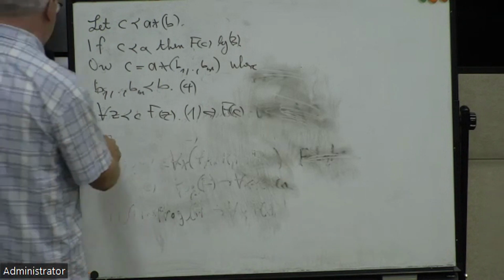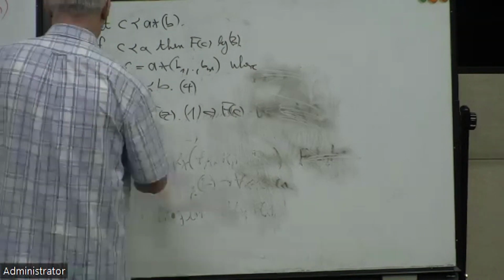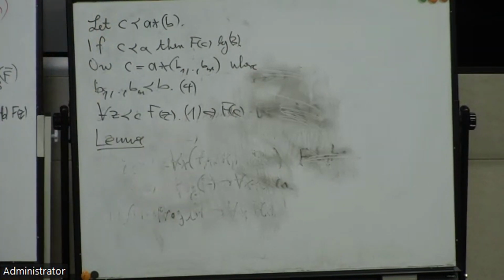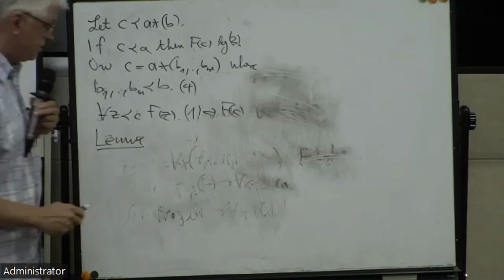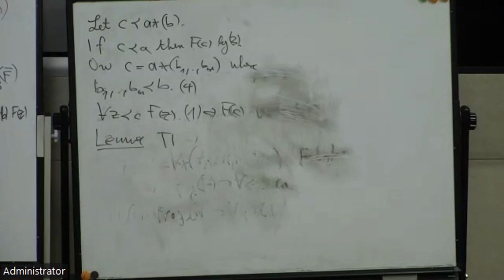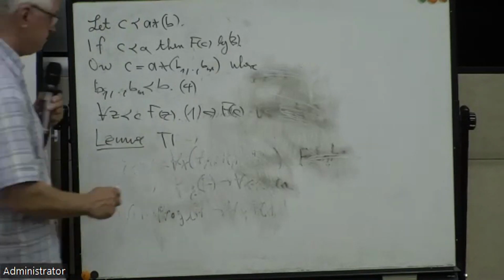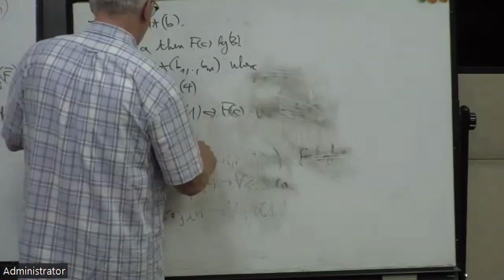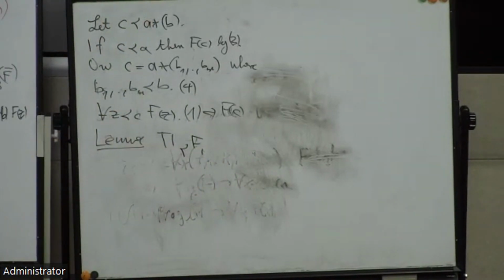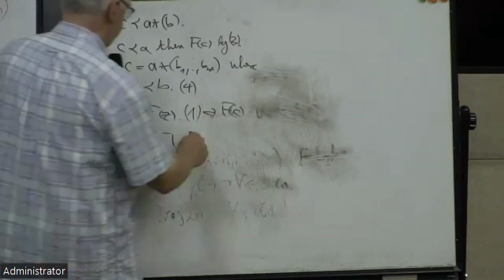Now the next lemma is interesting because we show what? Assume that we have the transfinite induction over f bar and a.